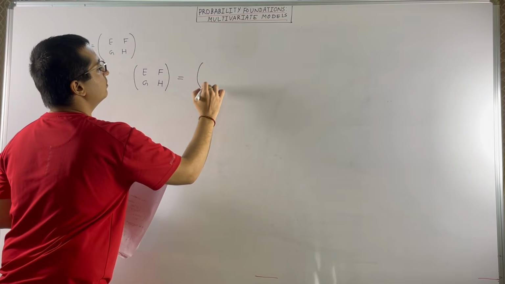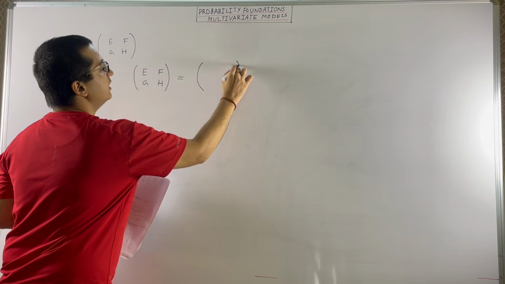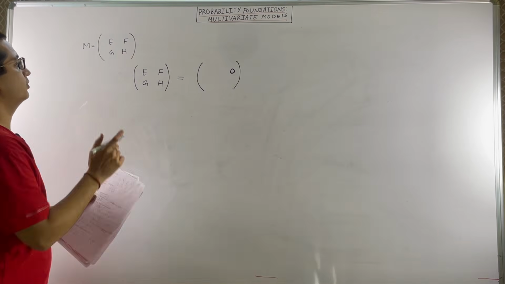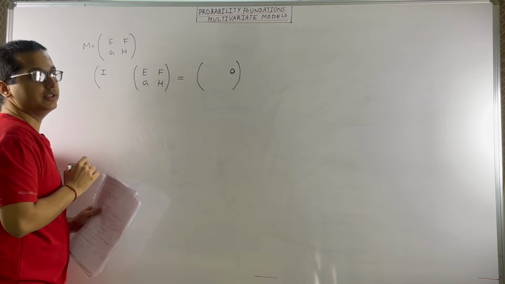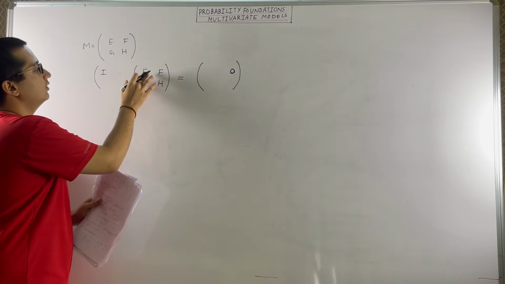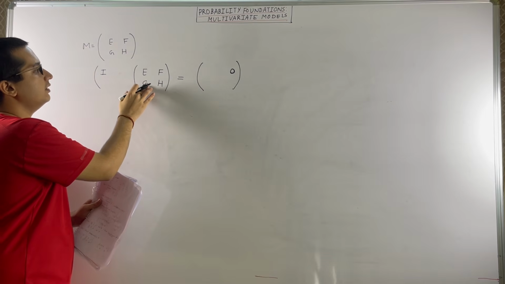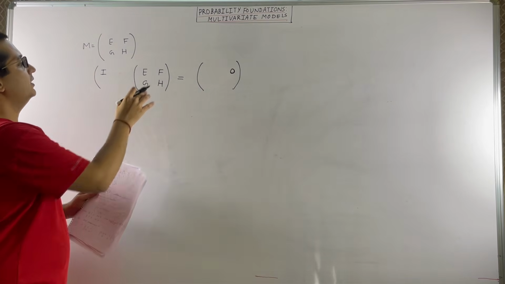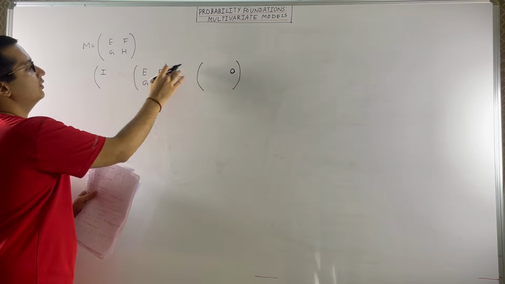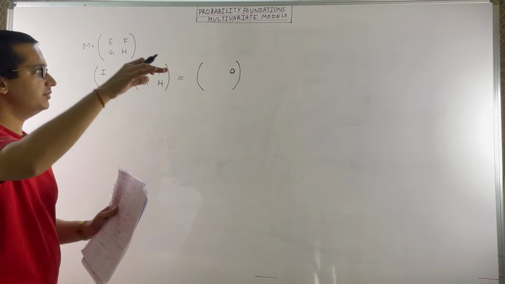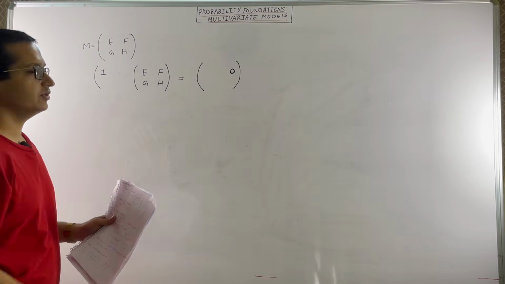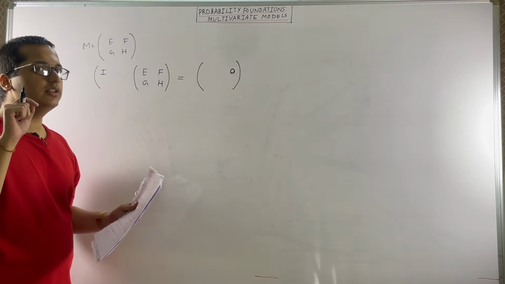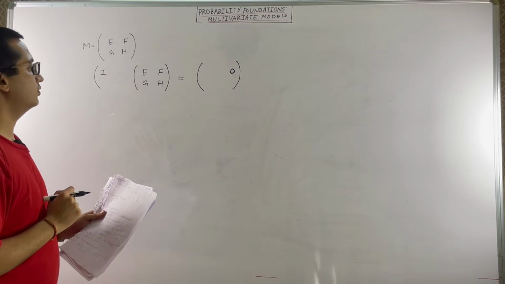Let's say I want to bring in a zero over here, then what can be one approach? Let us say that I have an identity I over here, all right, so I times E minus I times F. So F plus something should give me null, right? So what will that be? How can I do that?